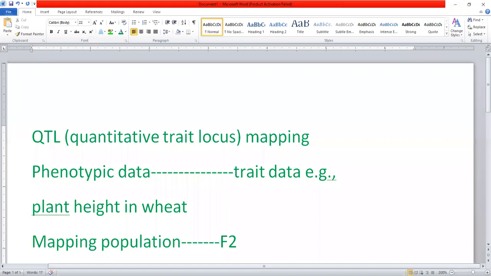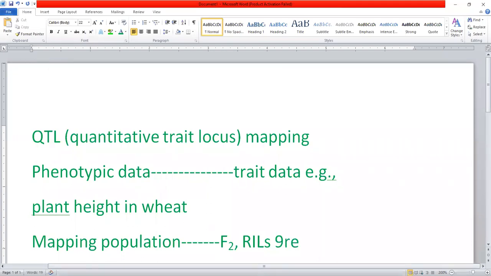The F2 population can be used as a mapping population, or the recombinant inbred lines, RILs, can be used as the mapping population.